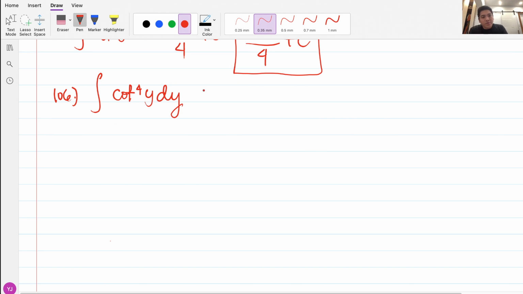What we're going to do first is rewrite this as cotangent squared y, all squared, dy. I just put it into exponential form, which if you simplify is still the same.